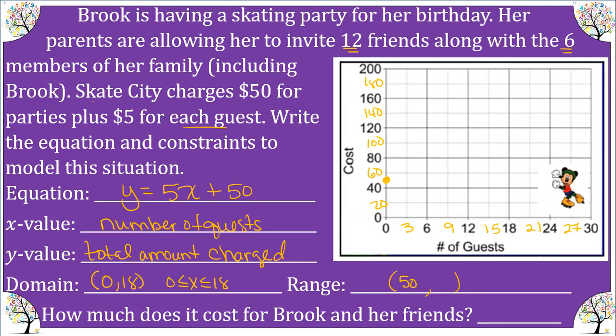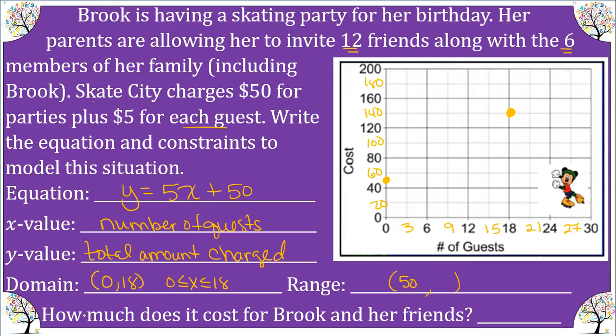Let's get the maximum amount, and then we'll answer that bottom question. So it's 5 times the 18 people plus the 50 is 140. So with our 18 guests, it's $140 right here.